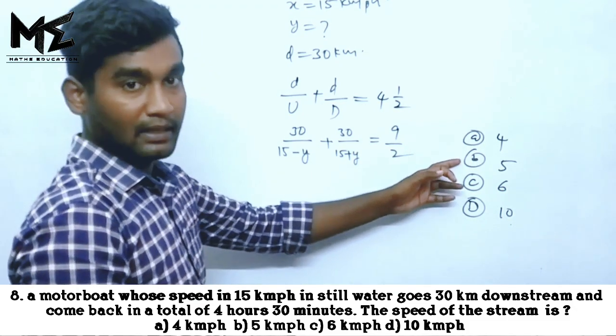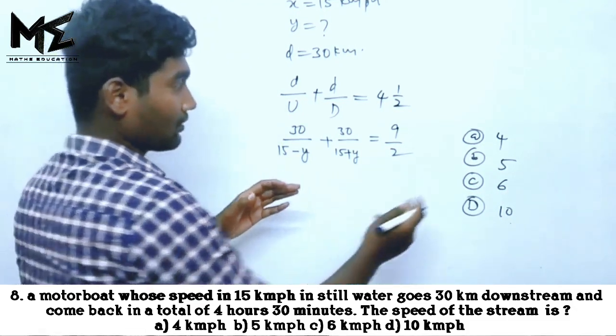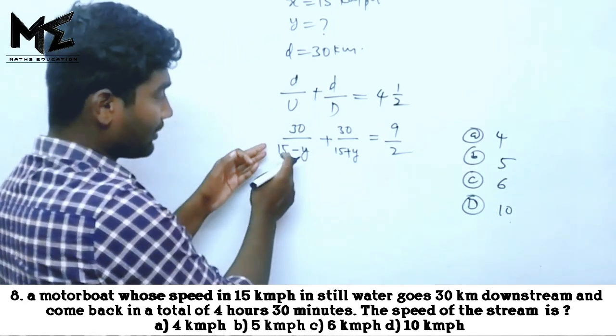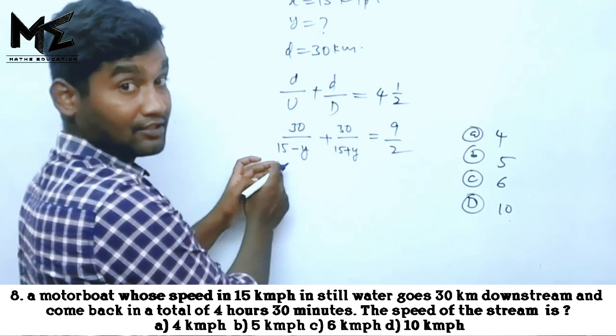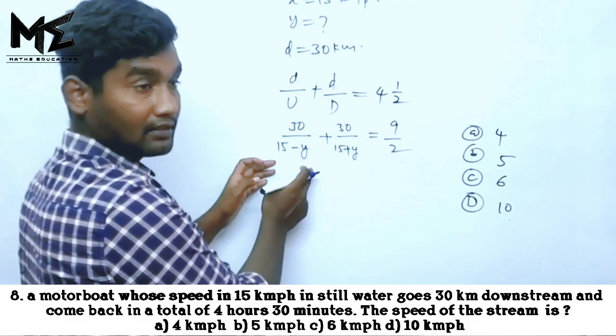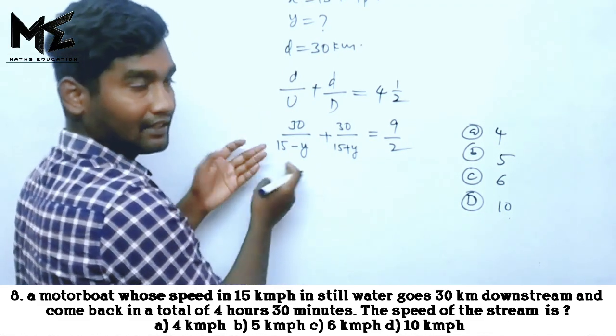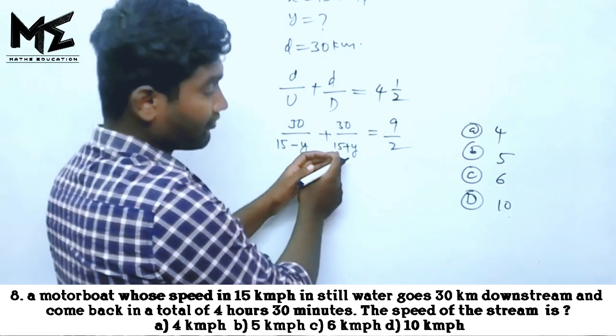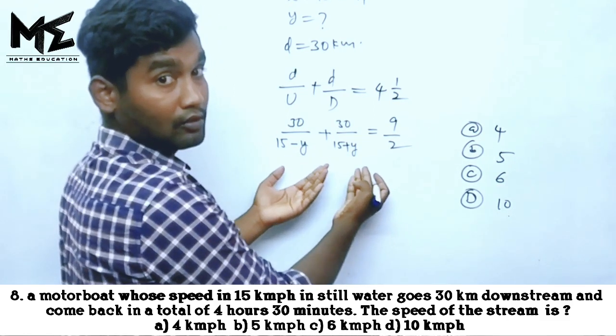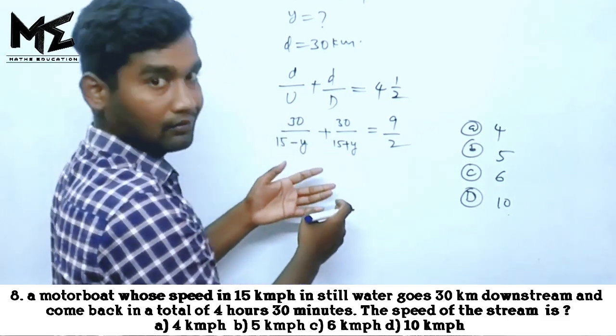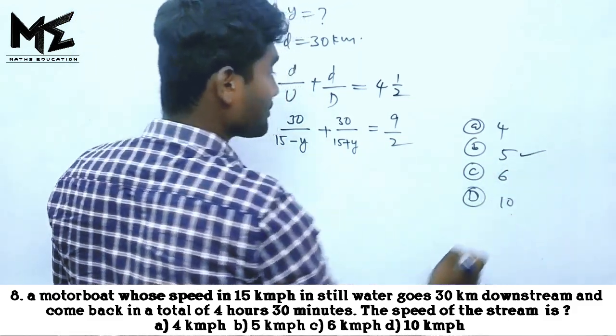So I am taking B. B is 5. 30 by 15 minus 5. 15 minus 5 is 10. So 30 by 10 we can easily find out. Next, 15 plus 5 is 20. So 0 0 get cancelled, 3 by 2 we will get. So I am taking option B.